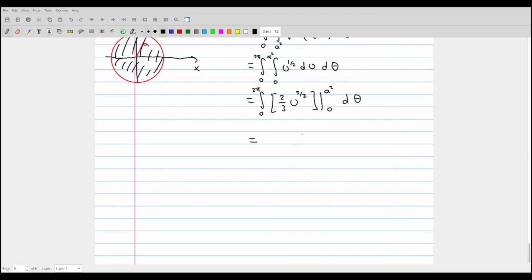When you plug in a squared, you get a squared to the 3/2, which is just a cubed. This is going to be 2/3 times a cubed times the integral of 1 from 0 to 2 pi, which is 2/3 times a cubed times 2 pi, or 4/3 pi times a cubed.